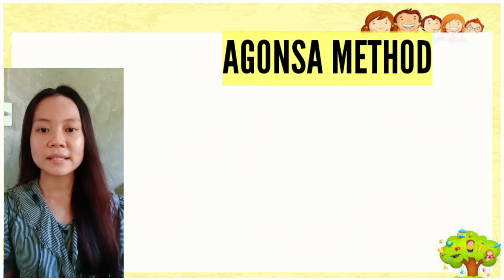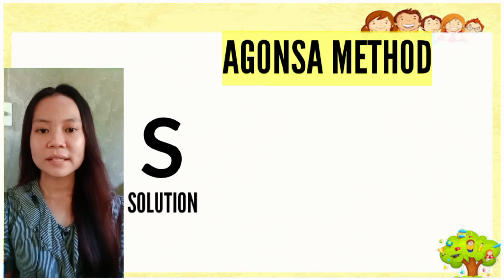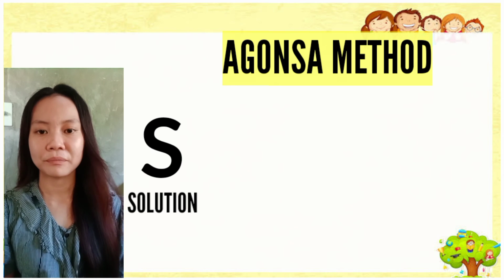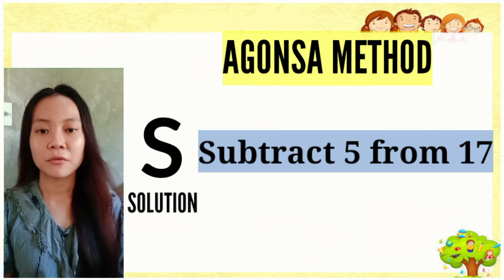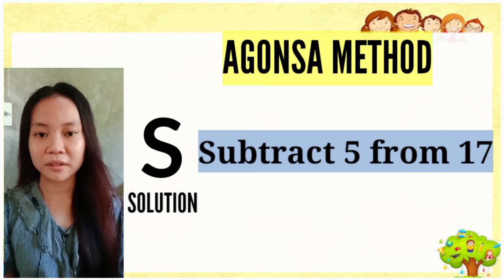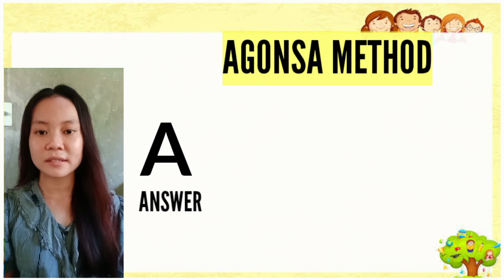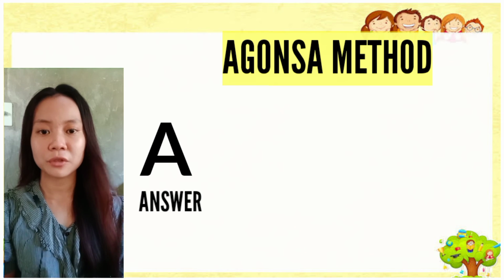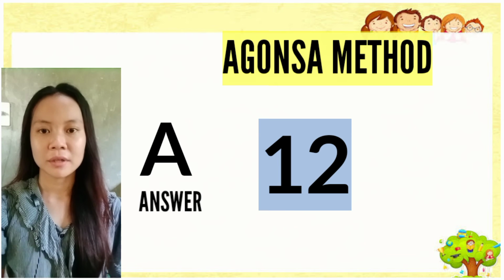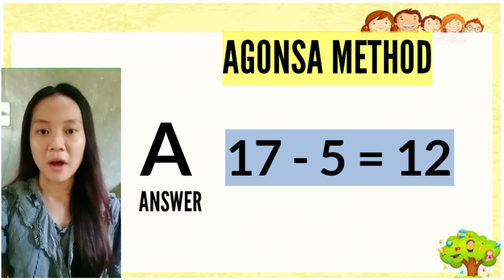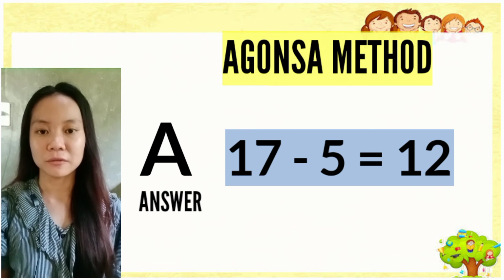So next is the solution. What is the solution for that problem? So we subtract 5 from 17. So next is the answer. So if we subtract 5 from 17, what will be our answer? Our answer will be 12. 17 minus 5 is equal to 12.